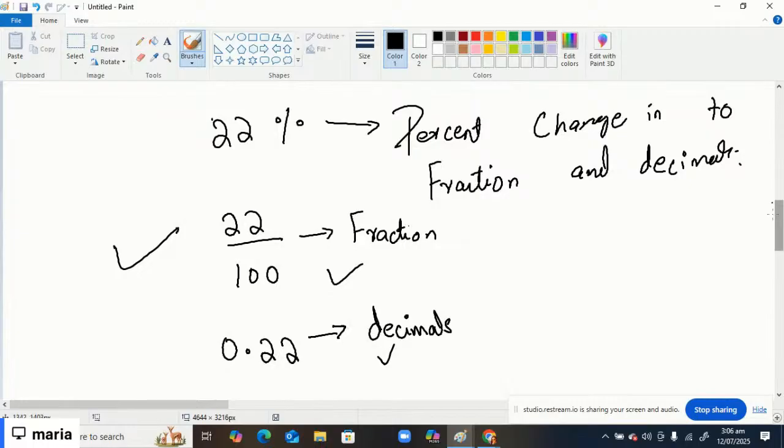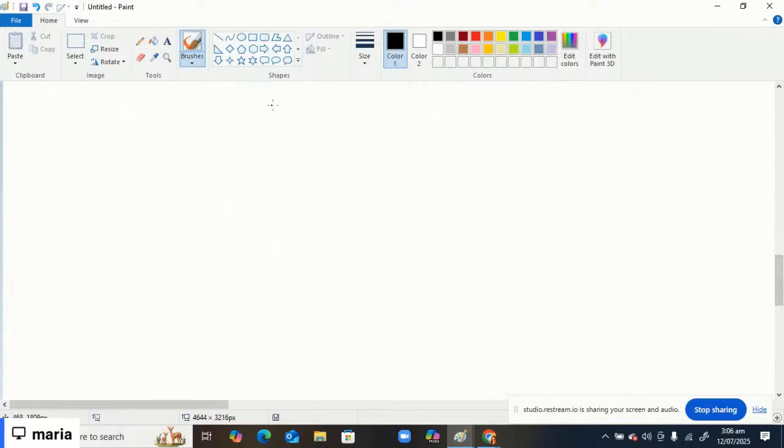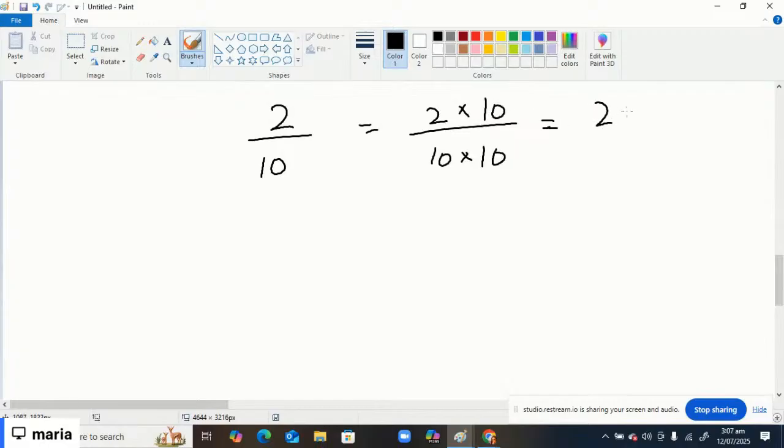Let me write one more question here, you guys tell me the answer. 2 by 10. Oh, sorry, this is a fraction, change it into a percent and then change it into a decimal. First of all, we multiply and divide by the same number so that the denominator becomes 100. So it is 10. 10 times 2 is 20, 10 times 10 is 100. Now it becomes the form of a percent.